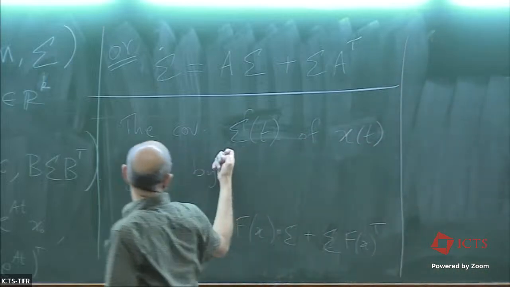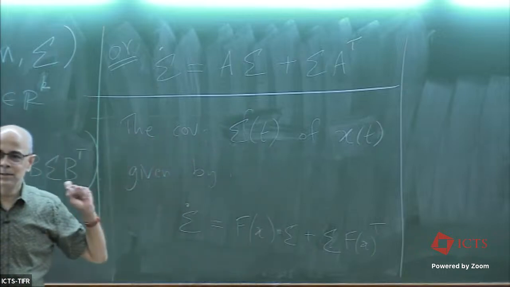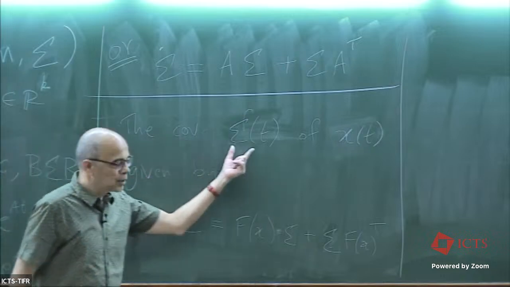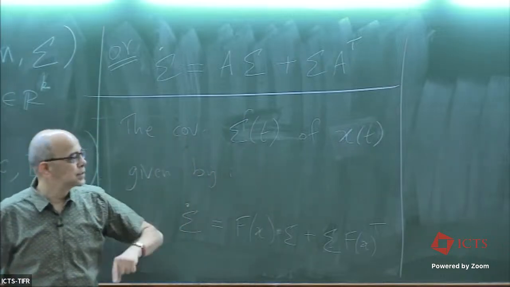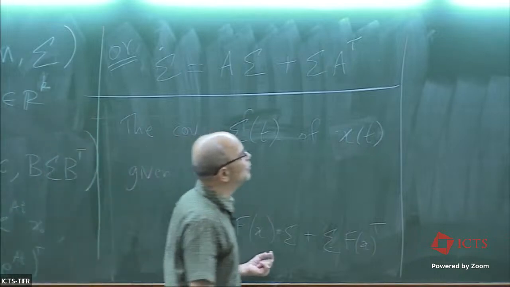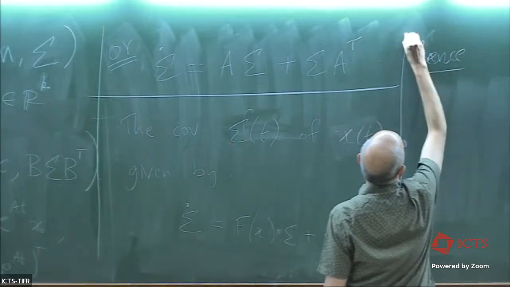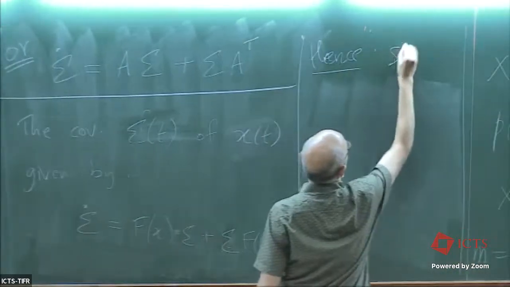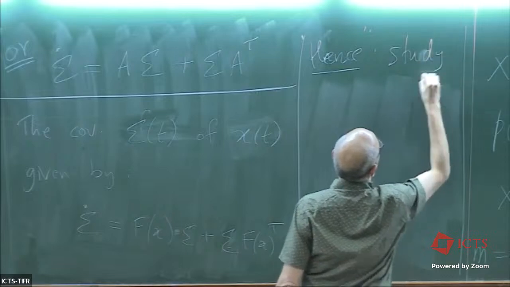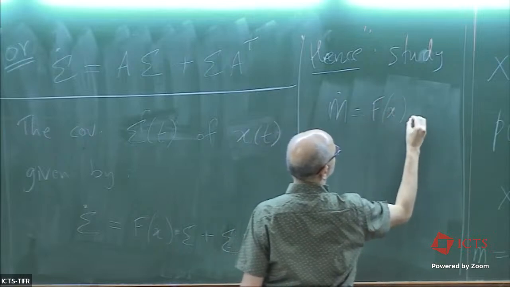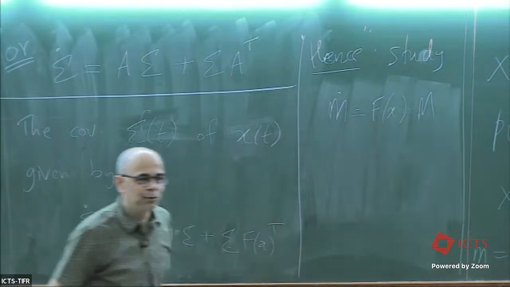To understand the time evolution of the uncertainties of a dynamical system, either linear or non-linear, and I'm thinking of capturing the evolution of uncertainties in terms of the covariance of these random variables, is very closely related to understanding the time evolution of, and hence we need to study, equations of the form m dot equals f prime of x times m, which is what I wrote down yesterday.